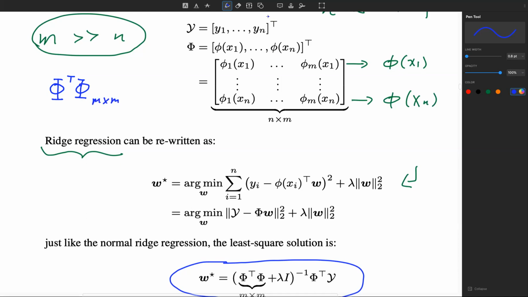And when I said M is a lot greater than N, that matrix is huge, isn't it? By the way, this is a constant matrix because all the x's are given to you, right? All you need to do is compute phi transpose phi, and you have a huge number of elements. All right.